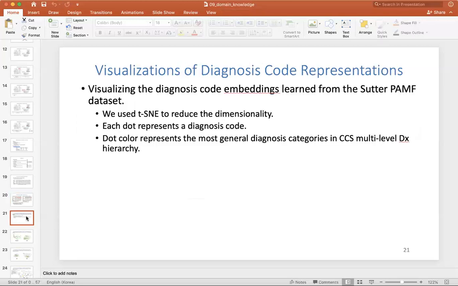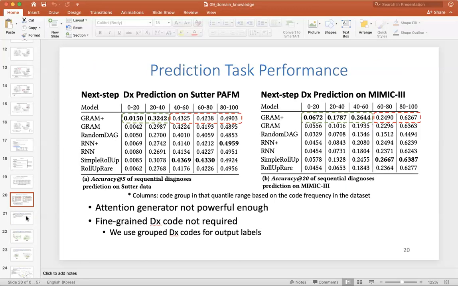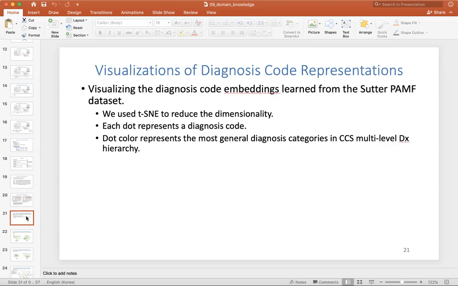All right, so now moving on to the visualization. This would be a bit more interesting compared to just seeing a bunch of numbers. Before, these two tasks were to see if GRAM could cope well with one of the challenges, which was data insufficiency. Now we're moving on to the interpretability aspect of GRAM, so visualization.